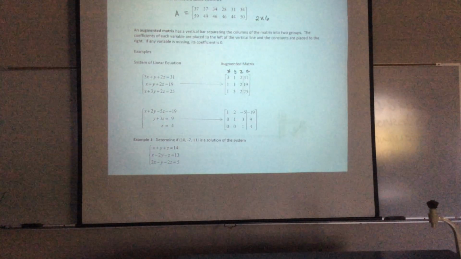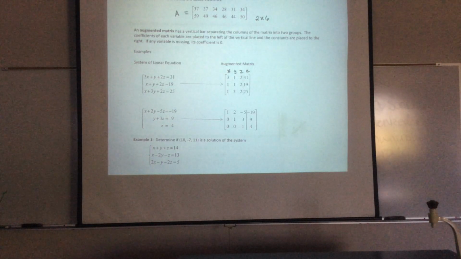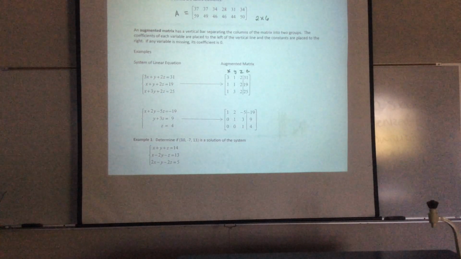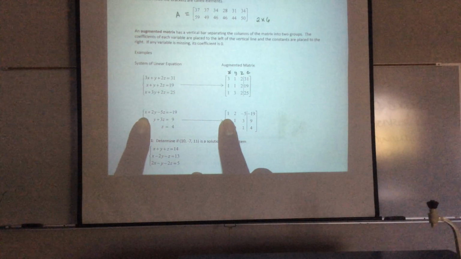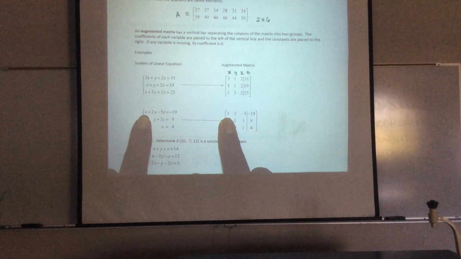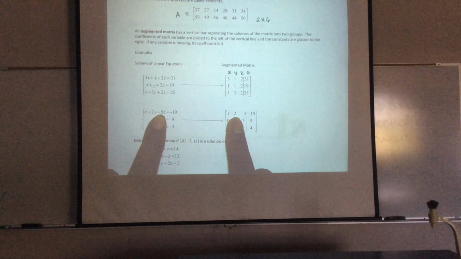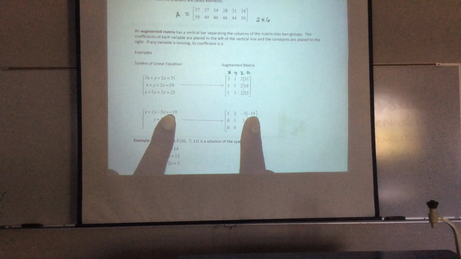Now for this next one, x plus 2y minus 5z equals negative 19, then y plus 3z is equal to 9, and z is equal to 4. In this case, for that first equation, your coefficient of x is 1, the coefficient of y is 2, the coefficient of z is negative 5, and the constant term is negative 19.